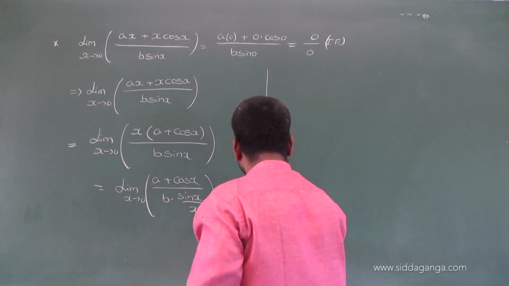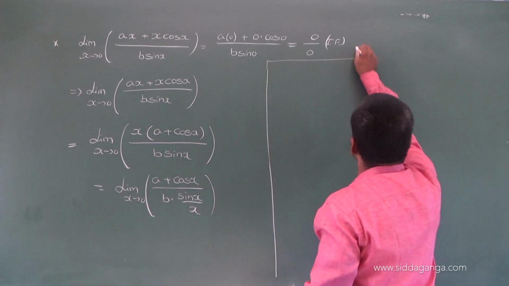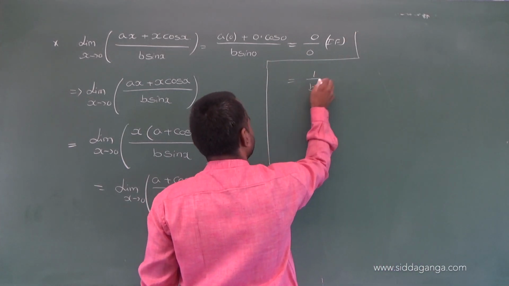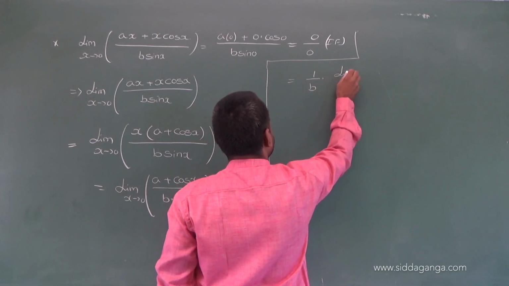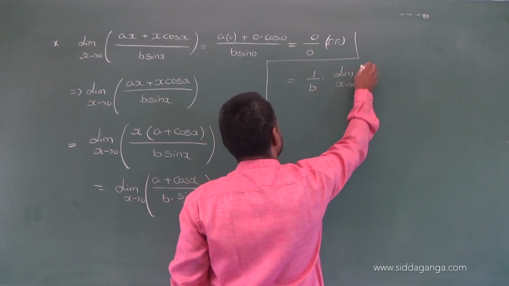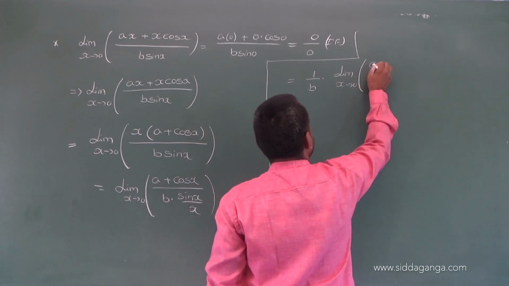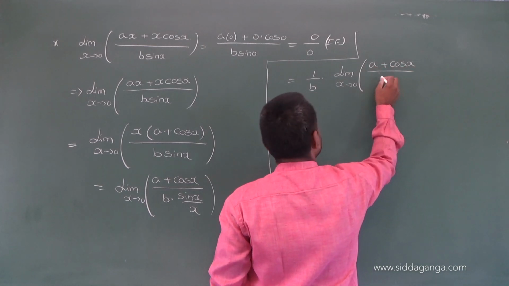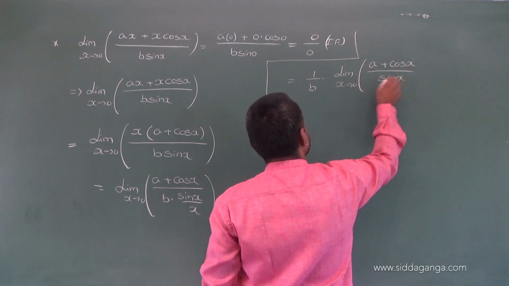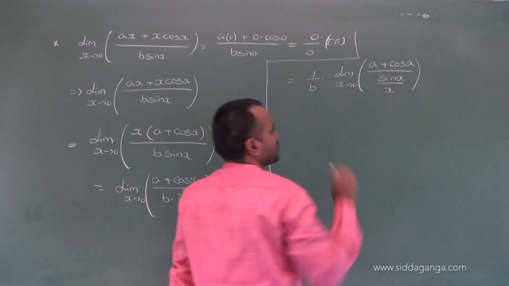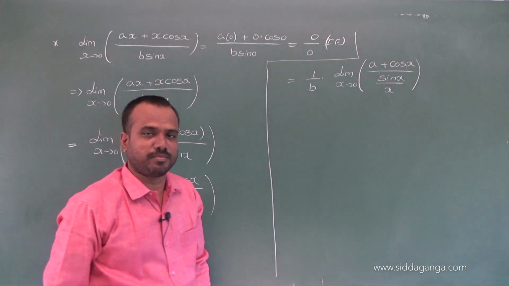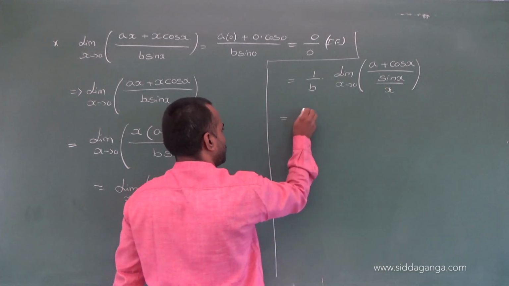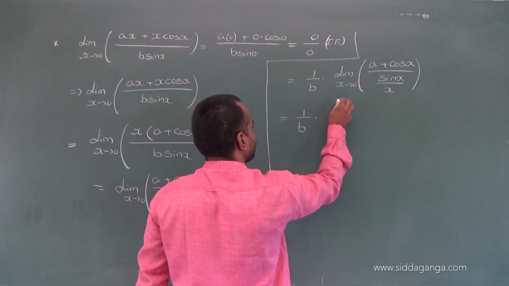Right here, 1 divided by b, limit x tends to 0, (a plus cos x) divided by (sin x by x). We apply separate limit by using algebra of limit.